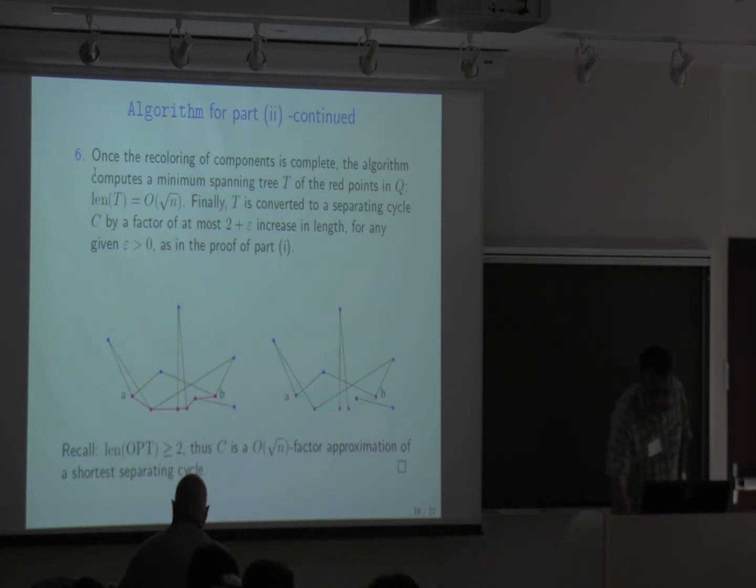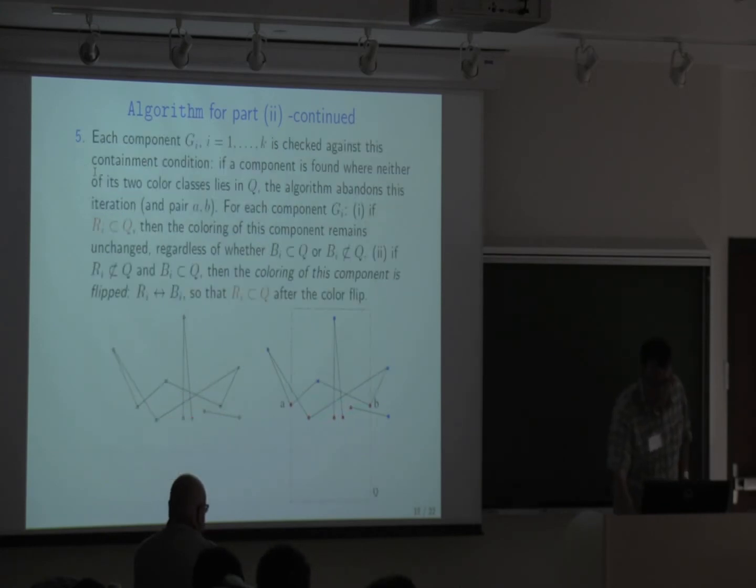So this is the algorithm, and the length of the tree, as you see, you don't have more than n points inside Q, so the spanning tree will not have length more than big O of square root of n, and obviously OPT is at least, as you saw, 2.